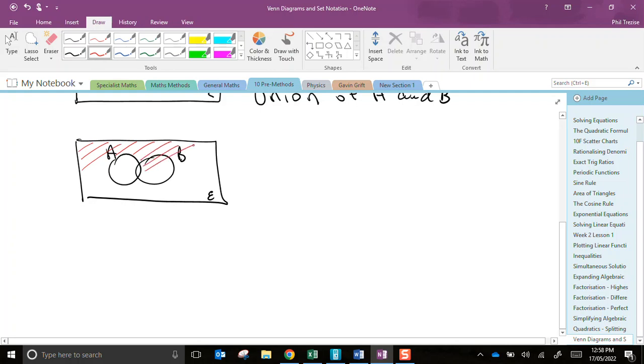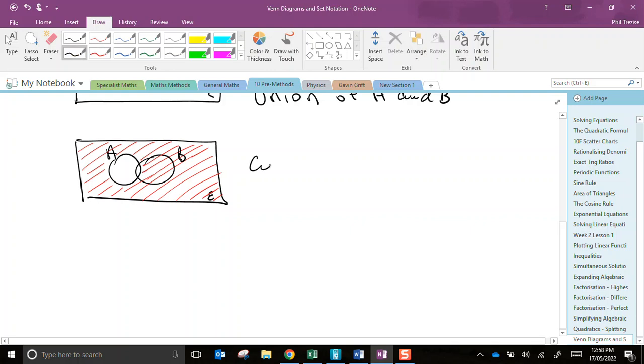everywhere except set A? So I'm trying to make sure that everything is shaded outside set A. So notice those ones don't go there. There it is. Now, what's that?